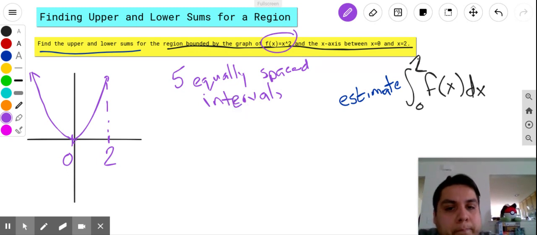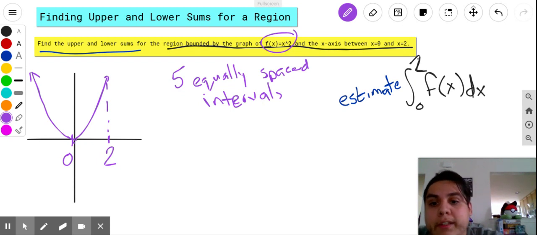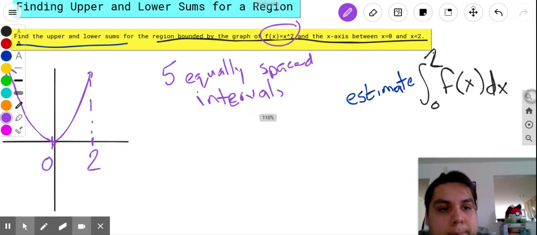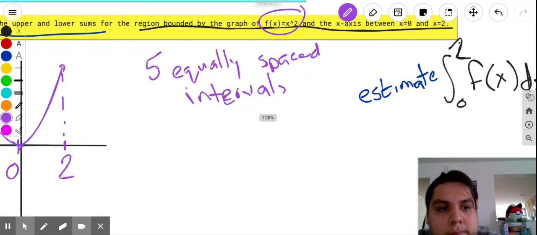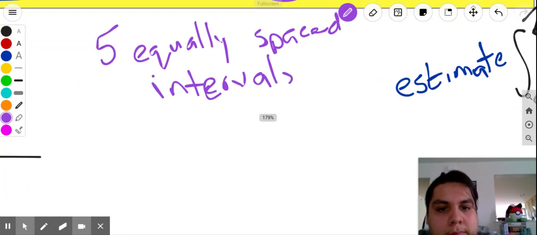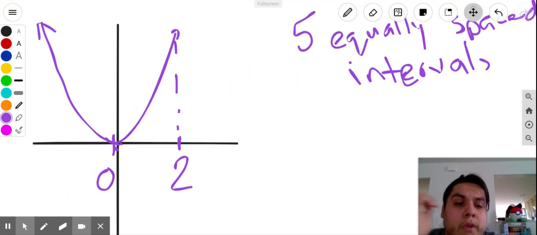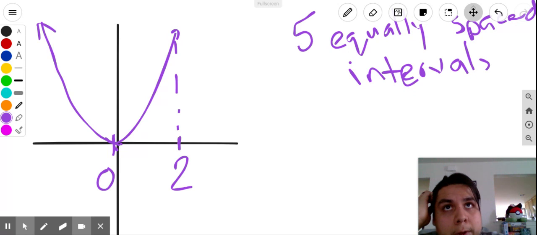So I need to take that part of the graph and break it up into 5 spaces. I'm going to zoom in so we can do a better job. If I'm breaking this up into 5 spaces, I'm going from 0 to 2. So 2 divided into 5 equally spaced intervals means I should break it up into intervals of 2/5.